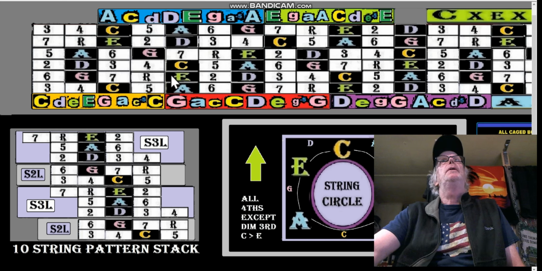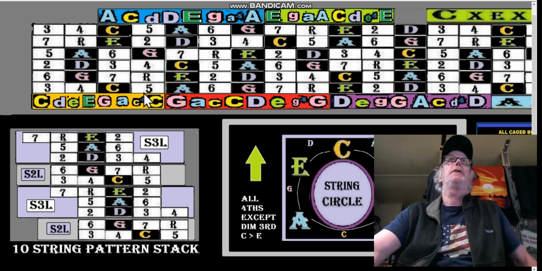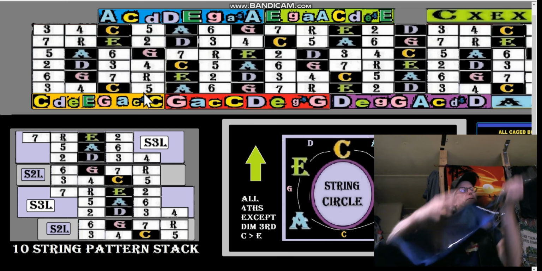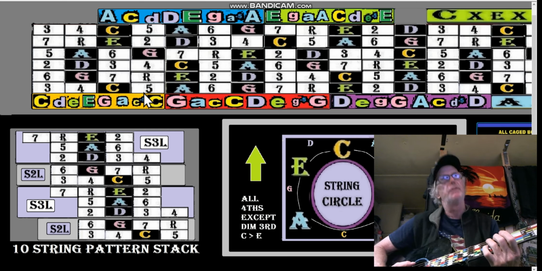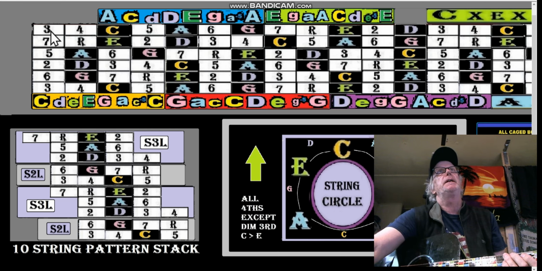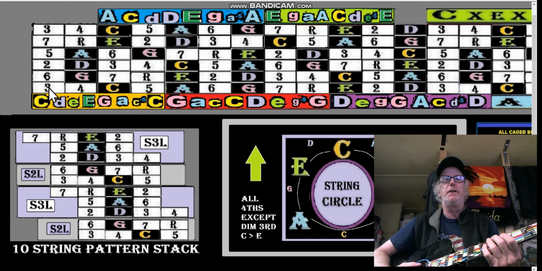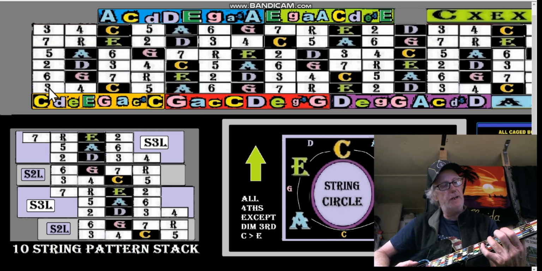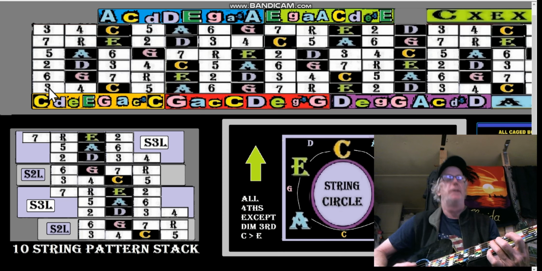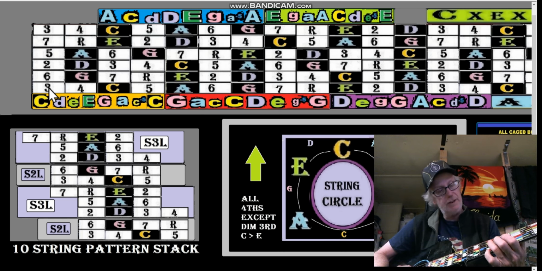We want to say play this C string shape here, 3, 4, 5. Okay, so just play the 3, 4, 5. Going up here, we can make it easy by just doing the fifth of each one of them. 3, 4, 5 in C. Fifth of C is G. 6, 7 root. Fifth of G is D. 2, 3, 4.